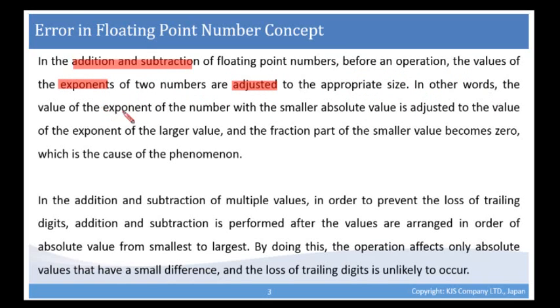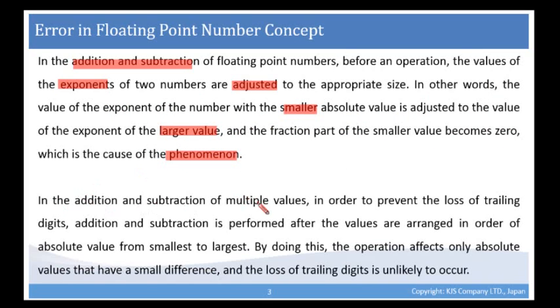In other words, the exponent of the number with the smaller value is adjusted to the value of the exponent of the larger value. So we're moving the small number to be on the same scale as the larger value. And the fraction part of the smaller value becomes 0, which is the cause of the phenomenon. So this is the phenomenon we're describing, and this is the cause of it.